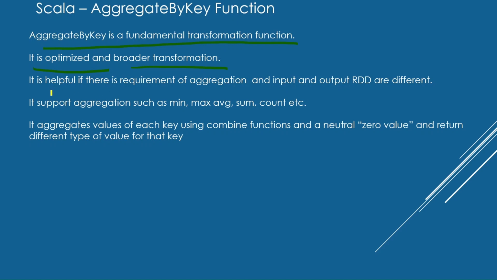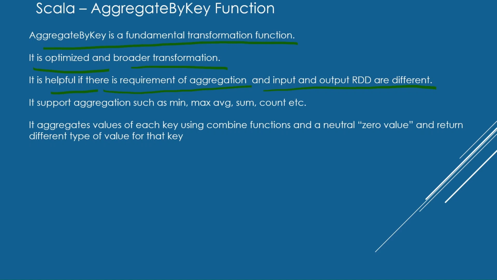It is helpful if there is a requirement of aggregation and the input and output RDD are different. There are situations that come up when we want to perform a certain kind of aggregation on an RDD, but the input and output could be different, right?